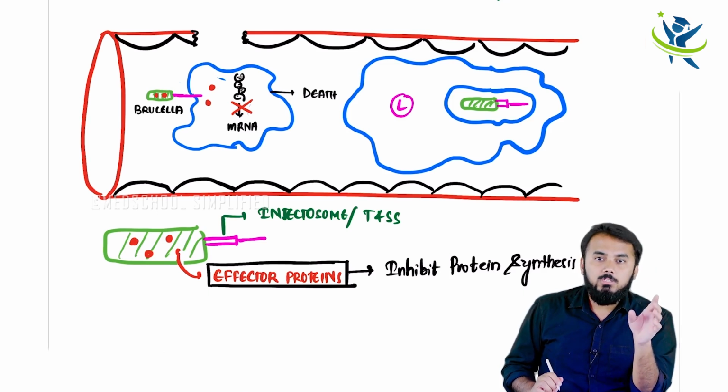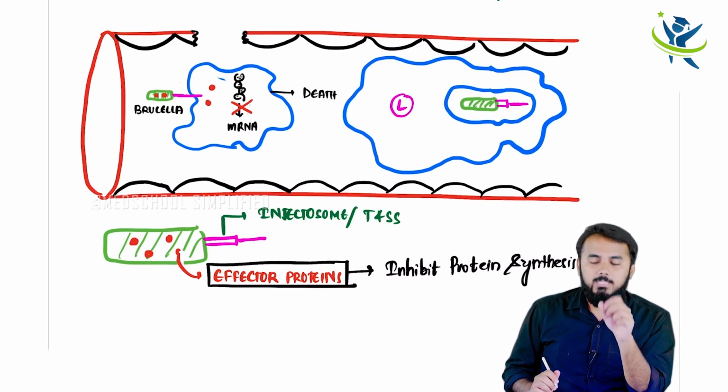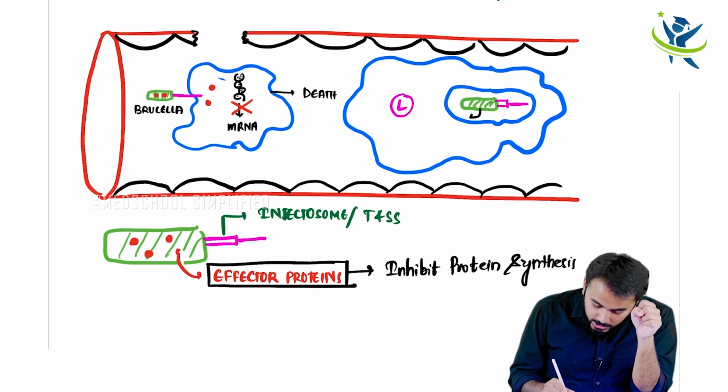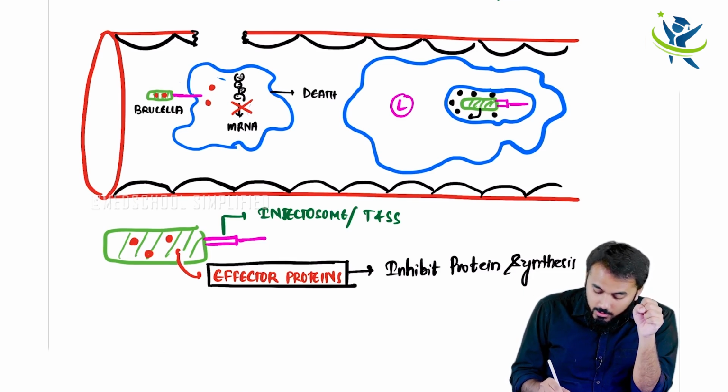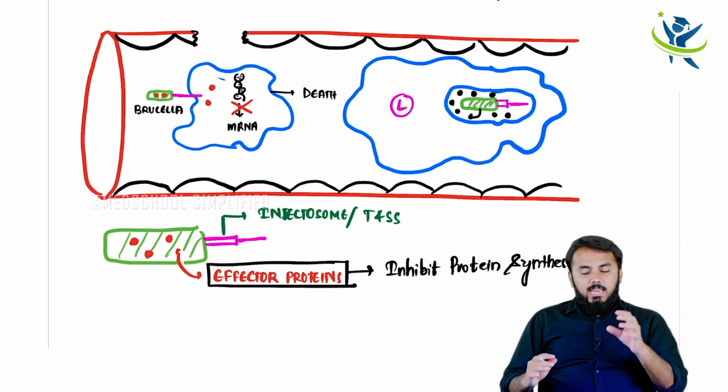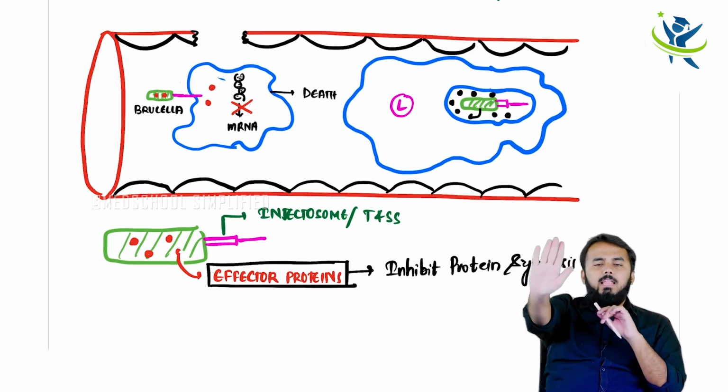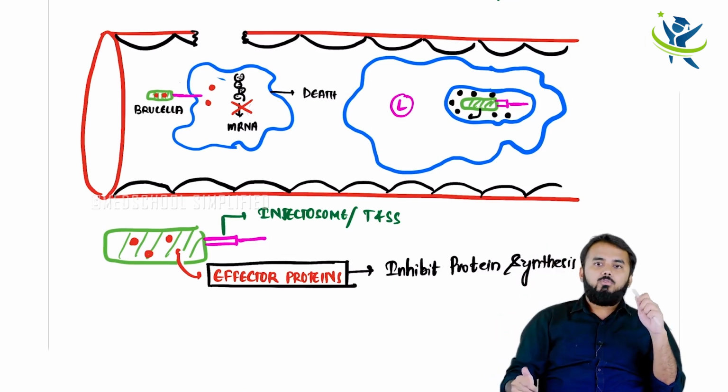What is that toxin? That toxin is called non-endotoxic lipopolysaccharide. And you know what this toxin will do? If any lysosome is coming near, it will stop that lysosome from attaching to the phagosome.